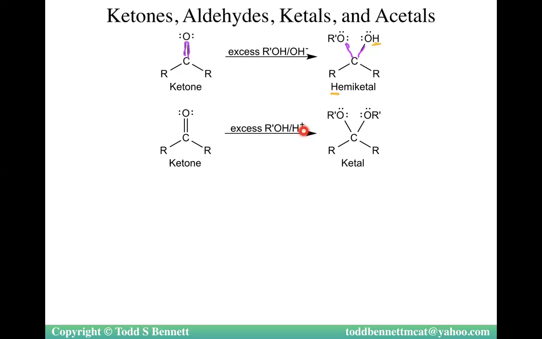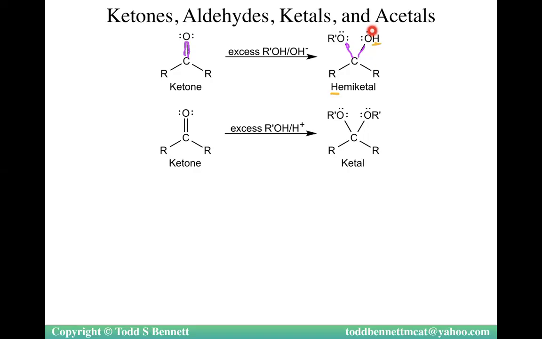So the difference is with base, the OH minus can attack, kick that up, and it's sort of stuck. It's just going to stay in that state, or the OR minus would come in and kick in. But if you're in acid, what you can do is take this species here, the hemiketal, and we're going to learn how in a very short amount of time here.